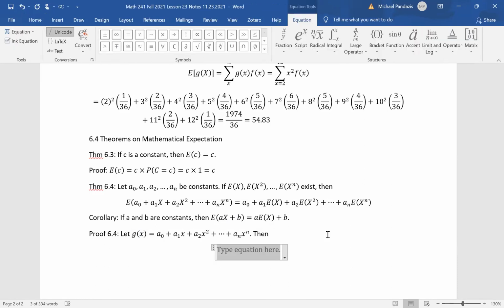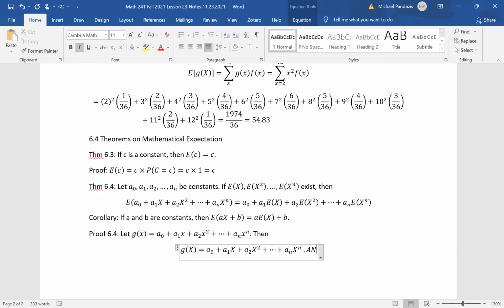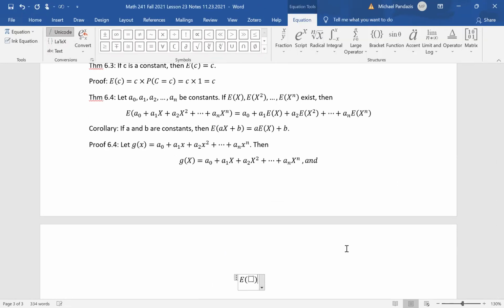Then G of capital X is going to equal this, the random variable where you just have your random variable capital X. And the expected value of this, by substitution, is equal to the expected value of G of X.